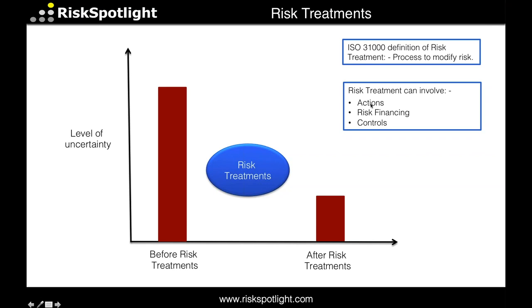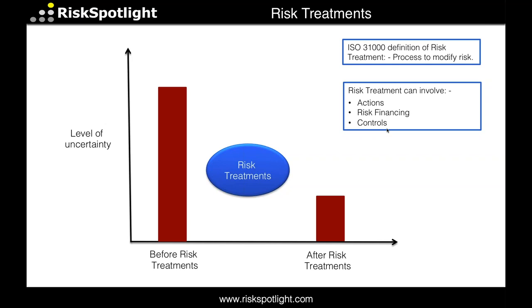But sometimes you may want to just take some action, and it's a one-time action. You don't need to go and implement a control. If you take that action, it will help you reduce the uncertainty. So if we are outsourcing from the UK to Poland, and one of the uncertainties is that we don't have expertise in that type of outsourcing, then we don't necessarily need to put a control in place.